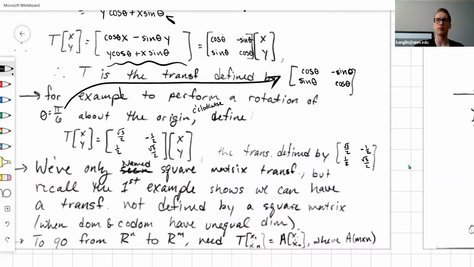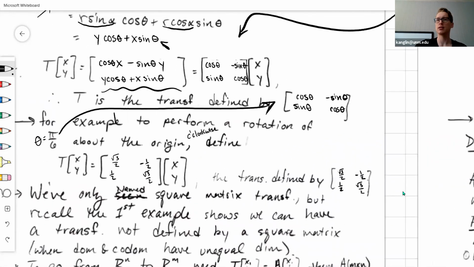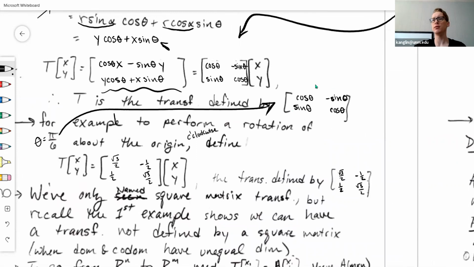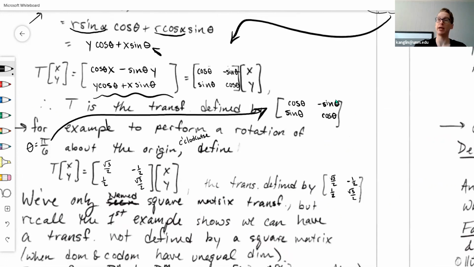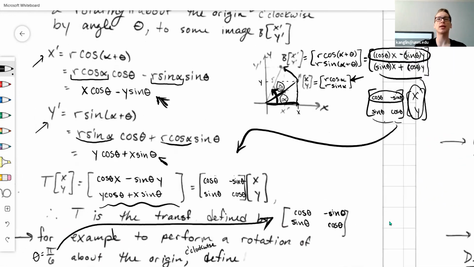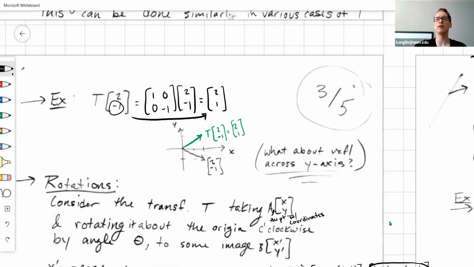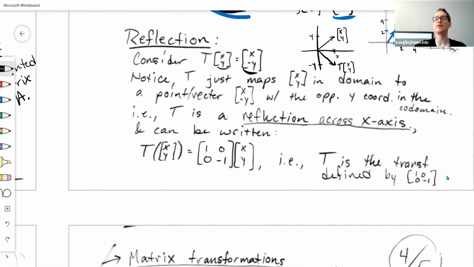I think those are good candidates to test out. Is a rotation matrix orthogonal? Is a reflection matrix orthogonal?